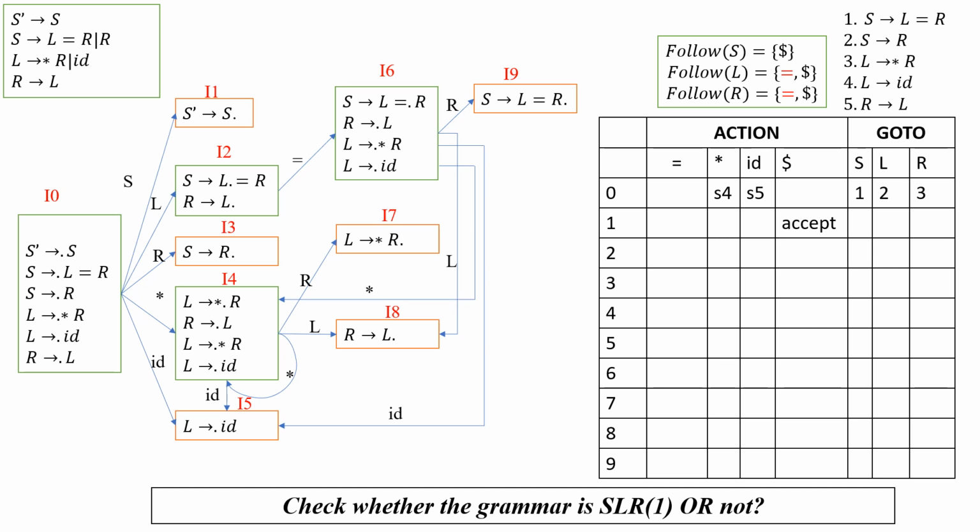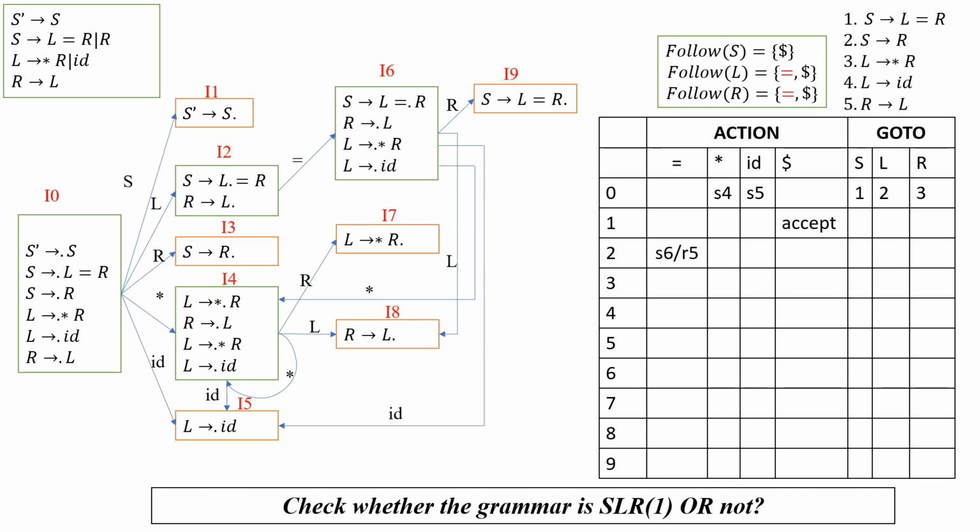What about I2? I2 contains a shift move: shift for is equal to, S6. And one more move. What is that? A reduce move, right? R derives L dot, because it contains a final item also. So what is the move now?